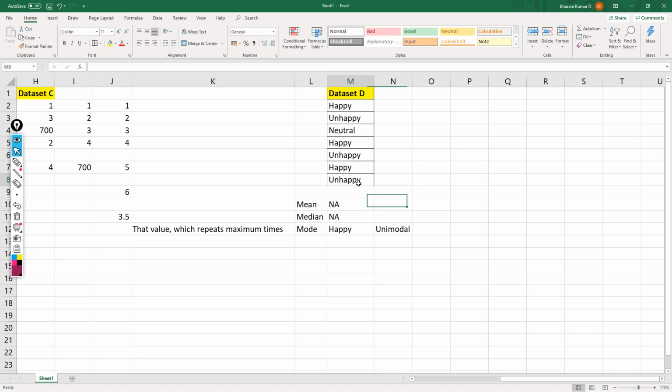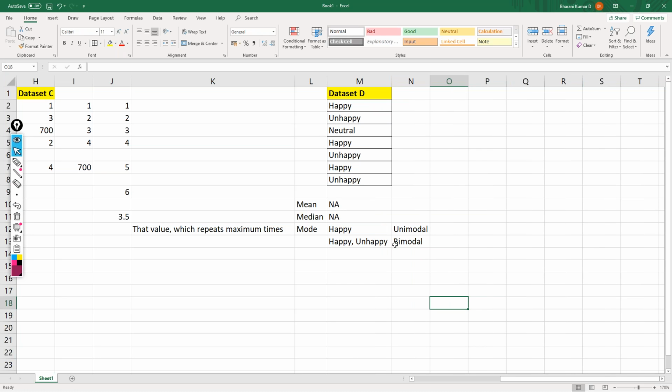Then what is the mode of this data set? Happy is getting repeated 3 times, and unhappy is also getting repeated 3 times. So you'll have happy as well as unhappy, so you'll have 2 modes. Bimodal. Bi means 2. Remember that. If you have more than 2 modes, then it's called multimodal.